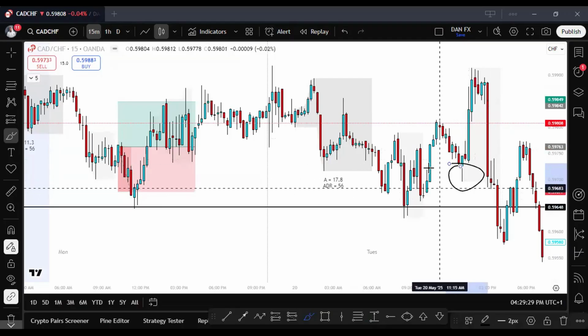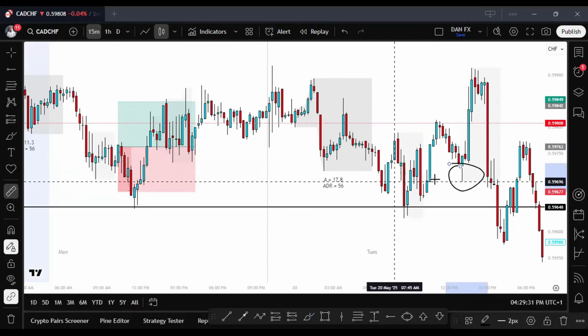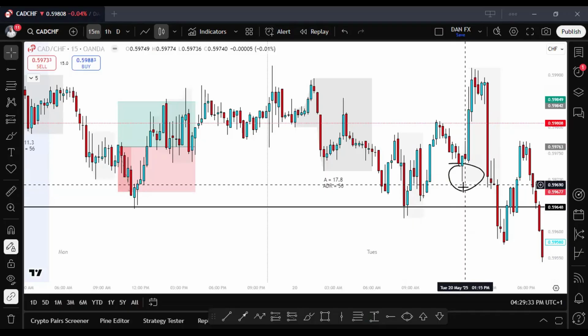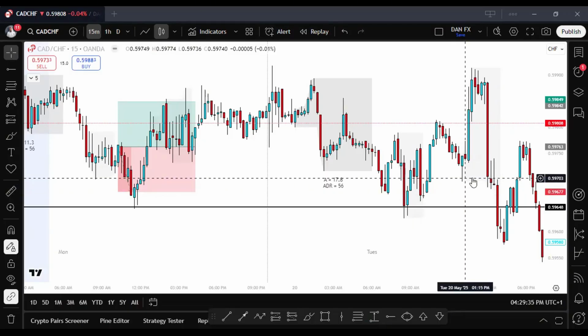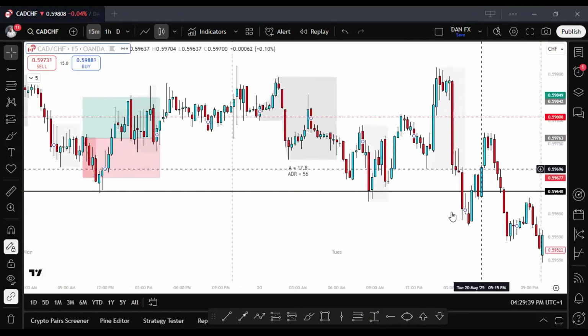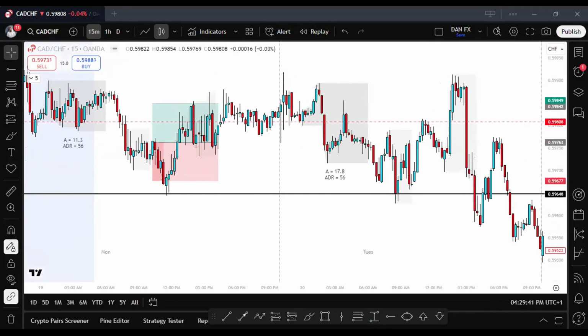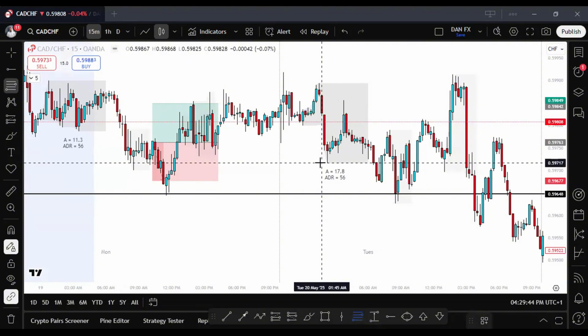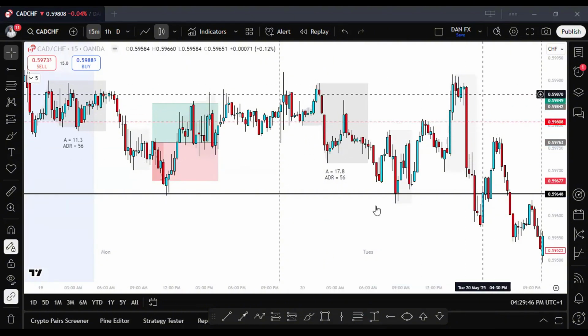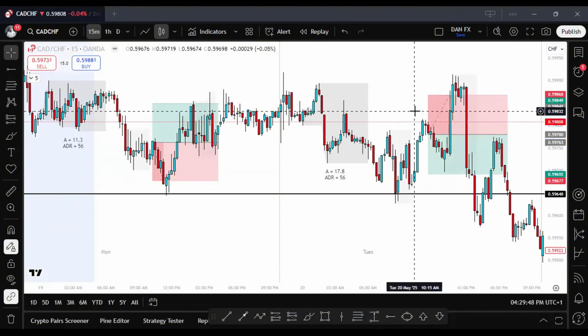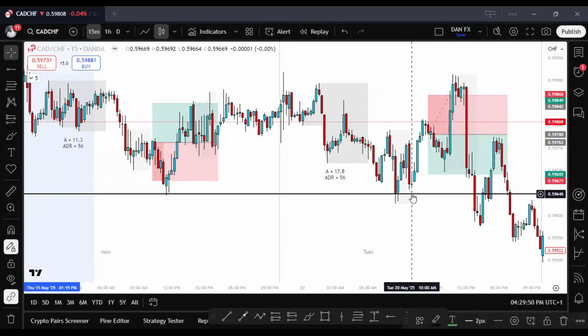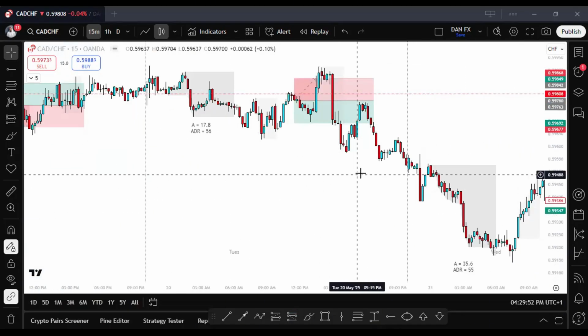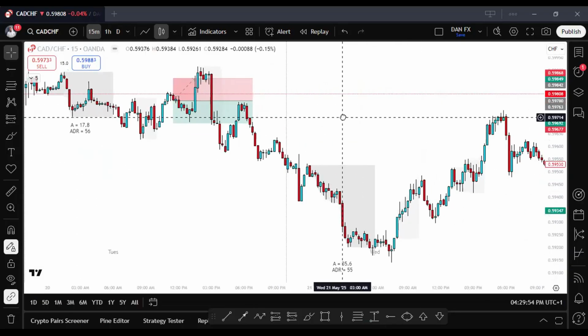If you're counting 2 hours, no matter where you entered, it would have hit you at break even. Eventually it went back up. So remember, we can take buys and we can take sells. So we have a type 3 pattern here. If we took a type 3 pattern here, stop loss hits, no problem. So that is that on that day.